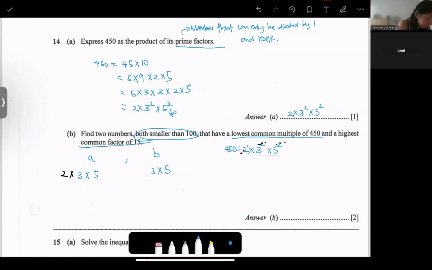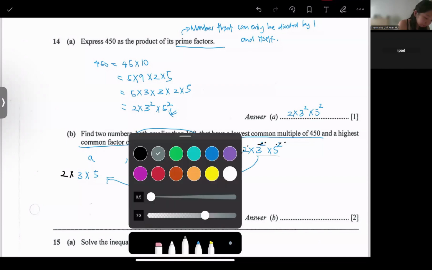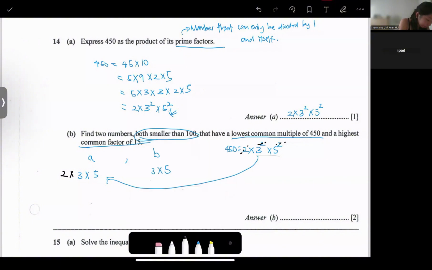Okay, let me allocate one of the three to here. So this means that this will become a square. Okay, and let me allocate the 5 here.